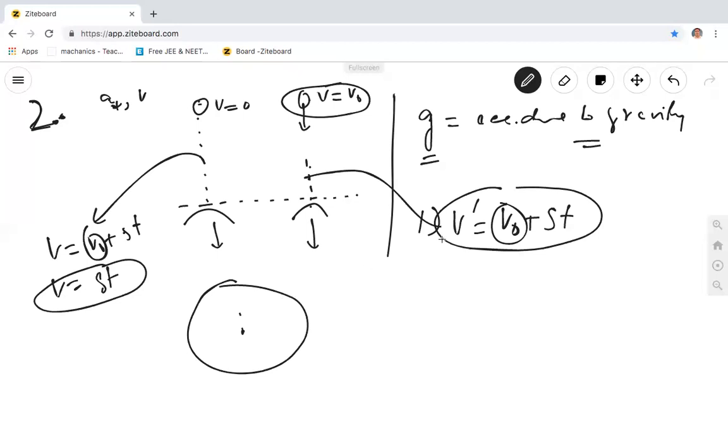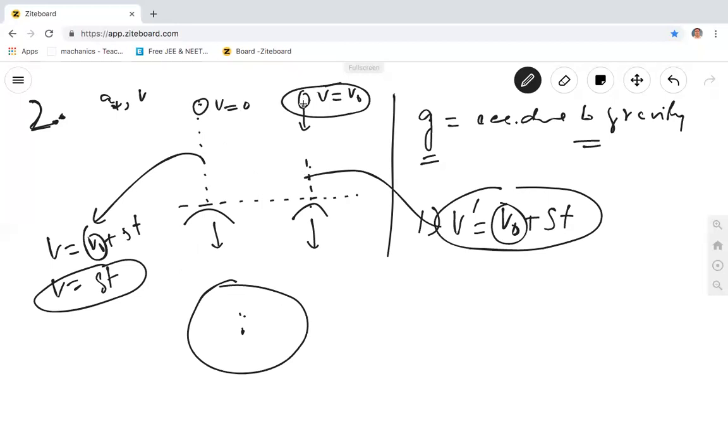You can think properly yourself looking at the question, but I am explaining: acceleration is same for both. The reason is that the decision of the acceleration is not their decision, it is the decision of the earth, which is same for both. So far as velocity is concerned, the increase in velocity will be uniform for both.